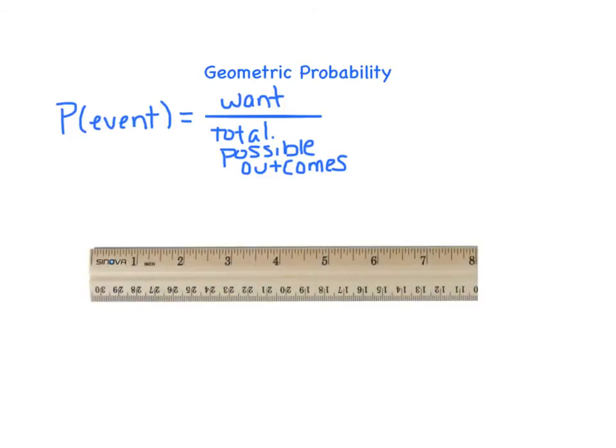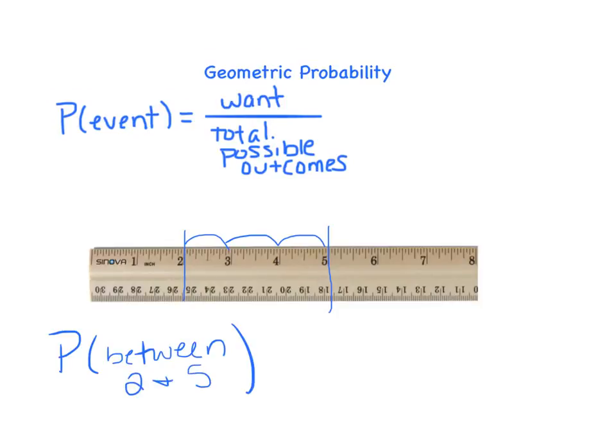So if I wanted to look at the possibility that if I dropped something, it would land between the 2-inch mark and the 5-inch mark on this ruler, I would look at how long it is. And so there's 3 inches. So the probability between 2 and 5 would be 3 out of a total of 1, 2, 3, 4, 5, 6, 7, 8.